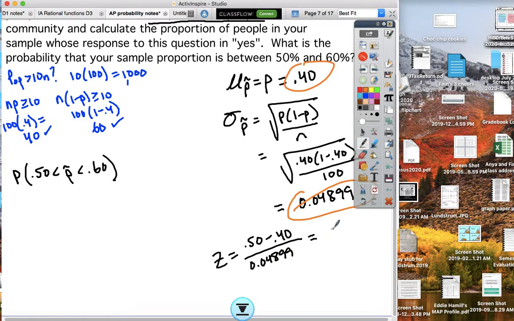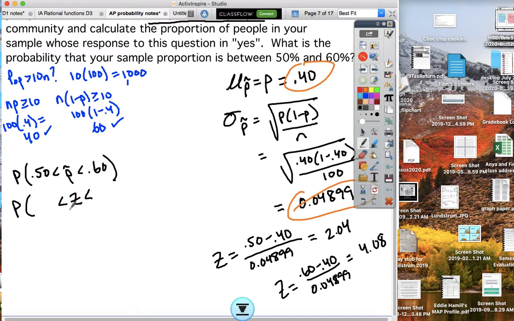And when you do that, that z-score will end up being 2.04. And then I need to do another z-score for my 0.60. Again, minus the mean divided by the standard deviation. And when we type that in, we're going to get 4.08. So I'm looking for the probability that my z-score lies between 2.04 and 4.08.